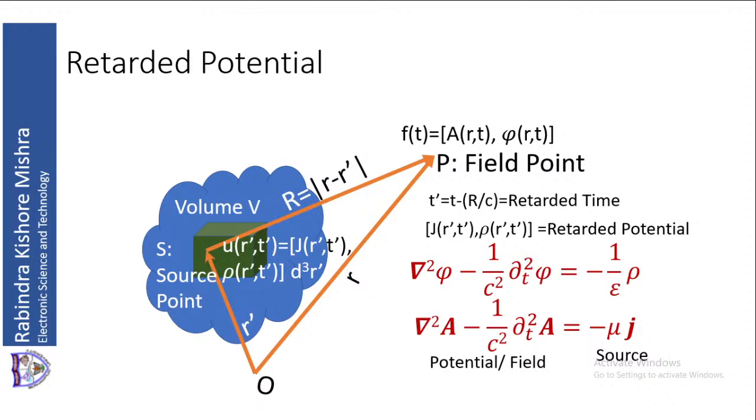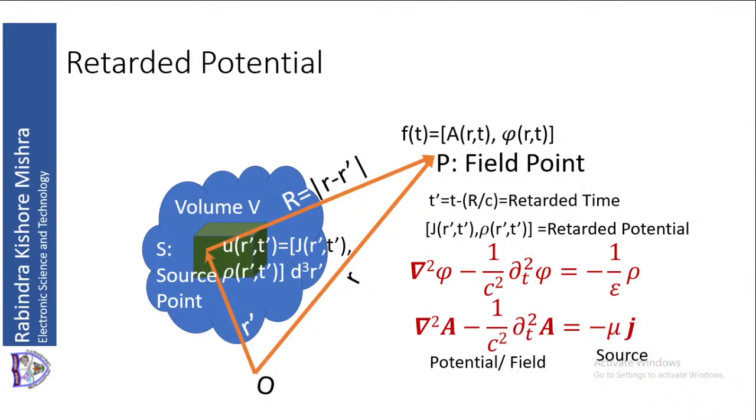Now we have a source S, we have a field point P. If we are observing something at P that has been initiated or generated at S and has moved to the point P, for moving to the point P it takes a time. What will the time be?